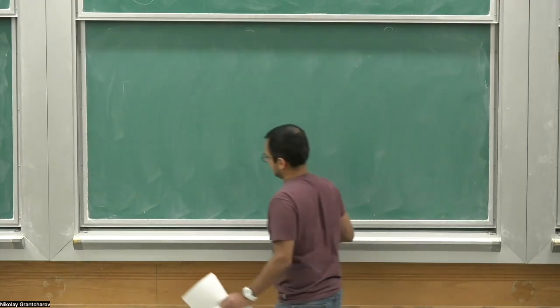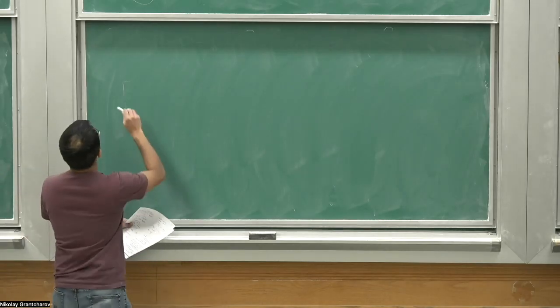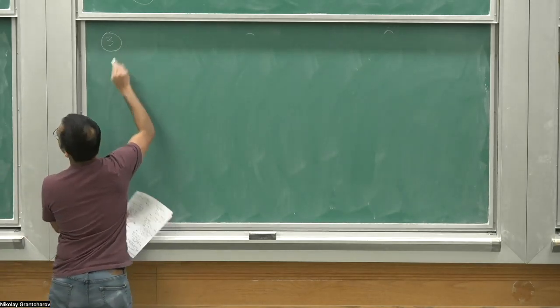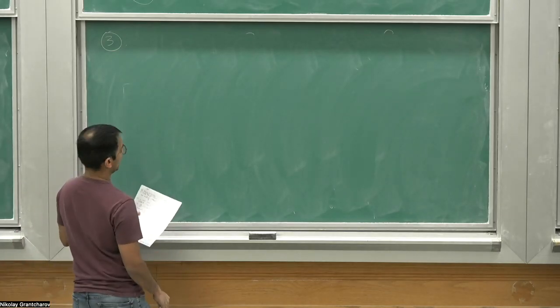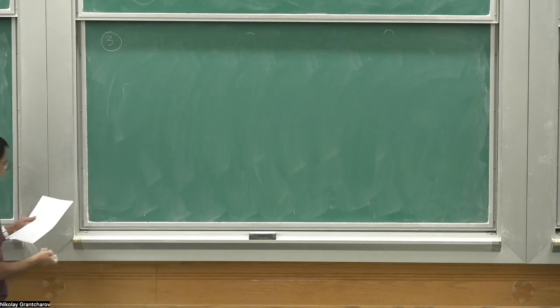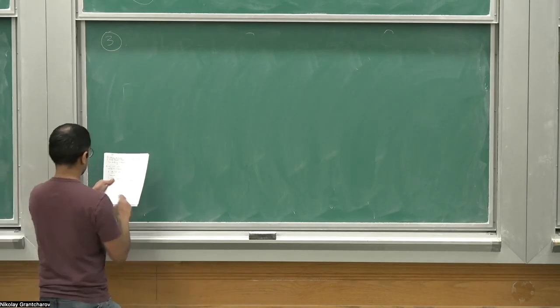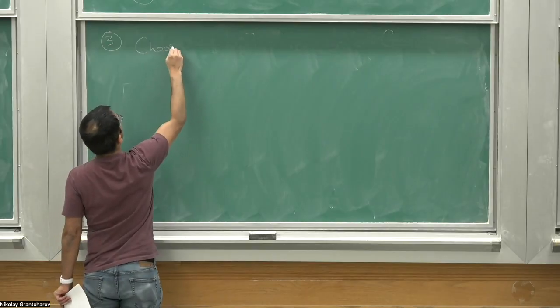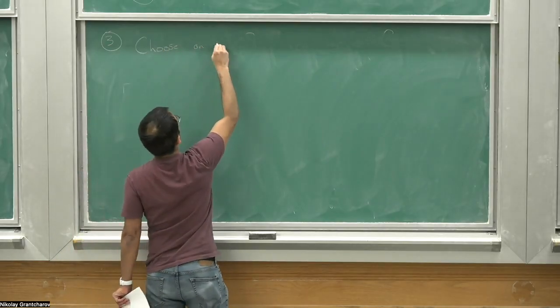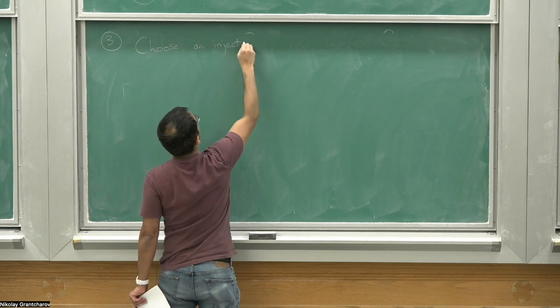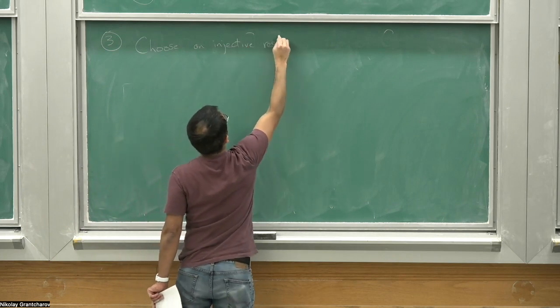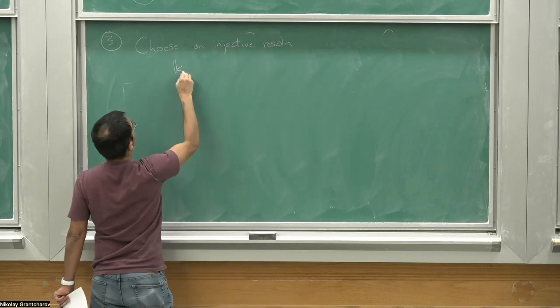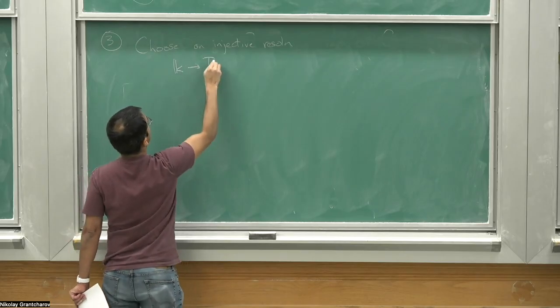Okay, so arrow number 3 is the hardest to define. So I'm going to start writing a construction. We'll see what we need to do. So the first thing we're going to do is choose an injective resolution of the trivial representation.